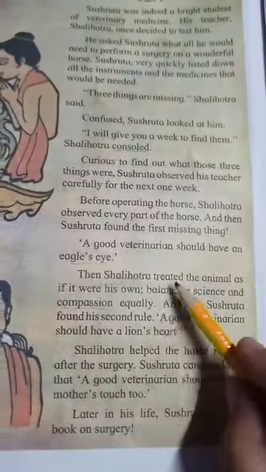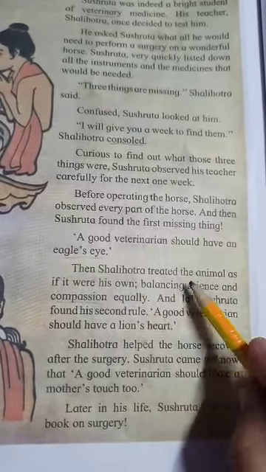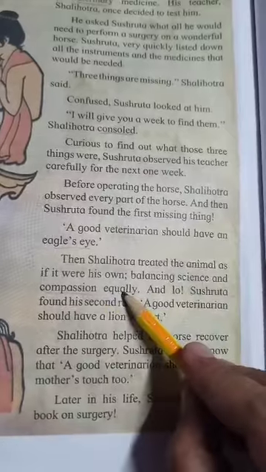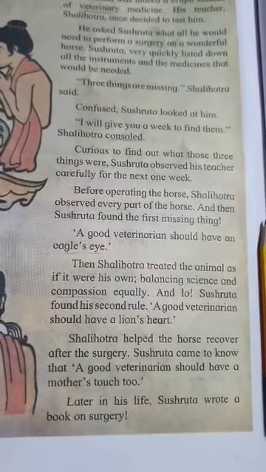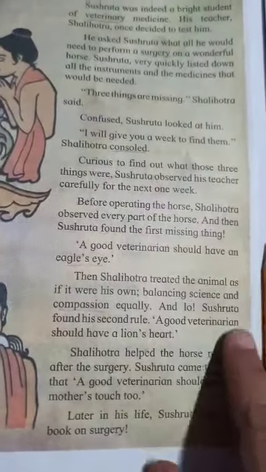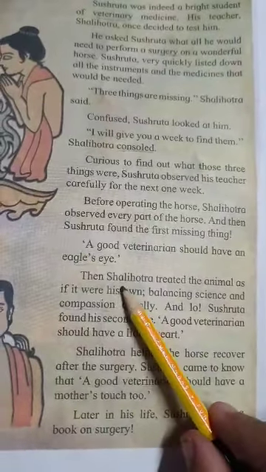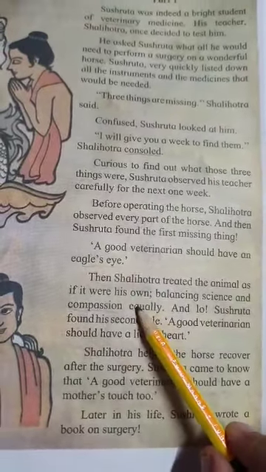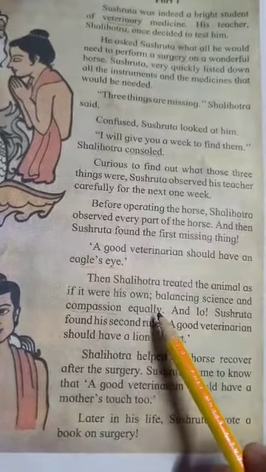Then Shalihotra treated the animal as if it were his own, balancing science and compassion equally. The next thing the student observed in the teacher was that when he was treating the animal, he treated the horse as if it belonged to him, balancing both science and compassion equally.